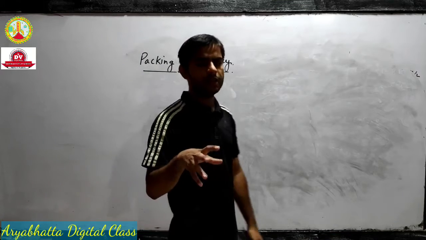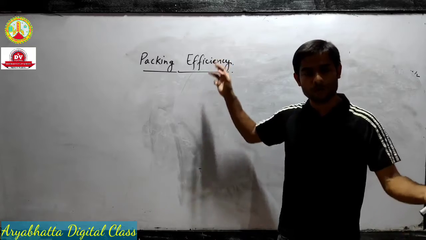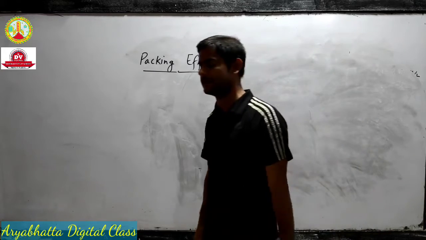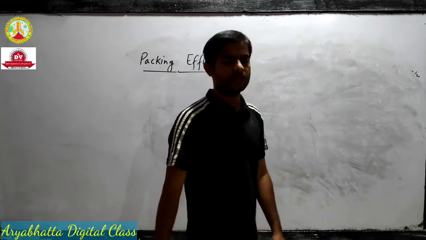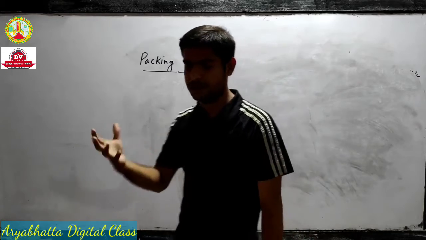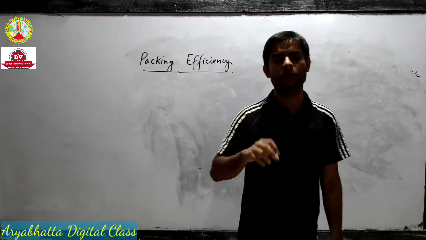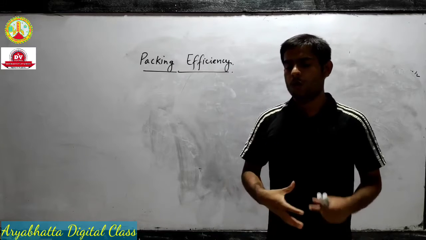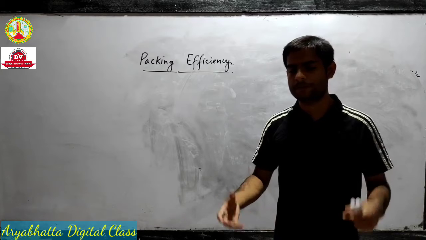You have heard or used this word efficiency before, in physics class 11, in thermodynamics, when you studied Carnot's engine or Carnot cycle. You used the efficiency of a Carnot engine or heat engine. How did we calculate the efficiency of a heat engine?